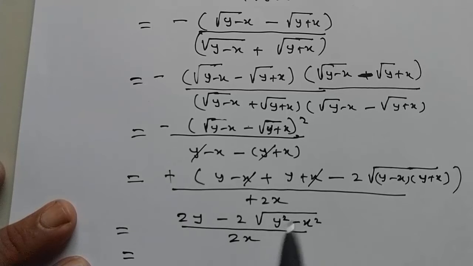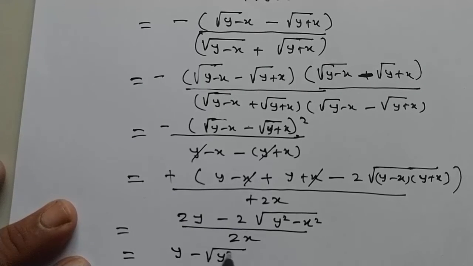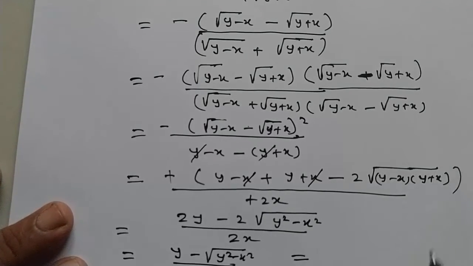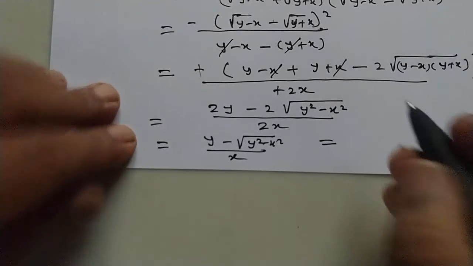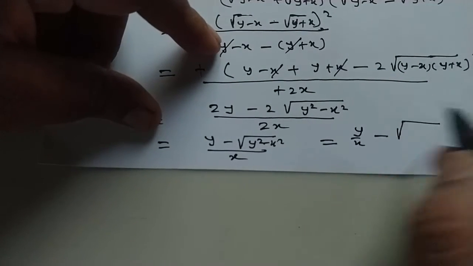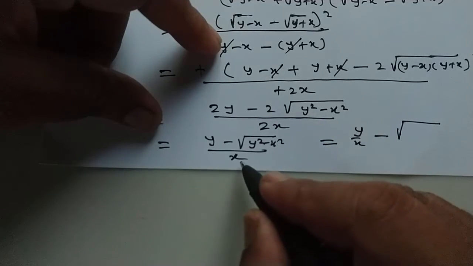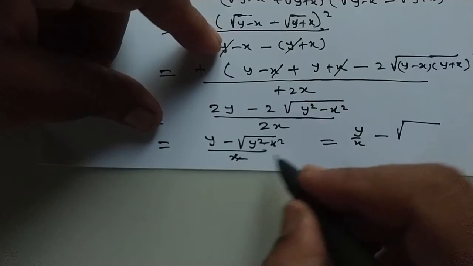Now 2 is common, 2 get cancelled. So y minus under root of y square minus x square upon x is equal to y upon x minus under root of y square minus x square divided by x.